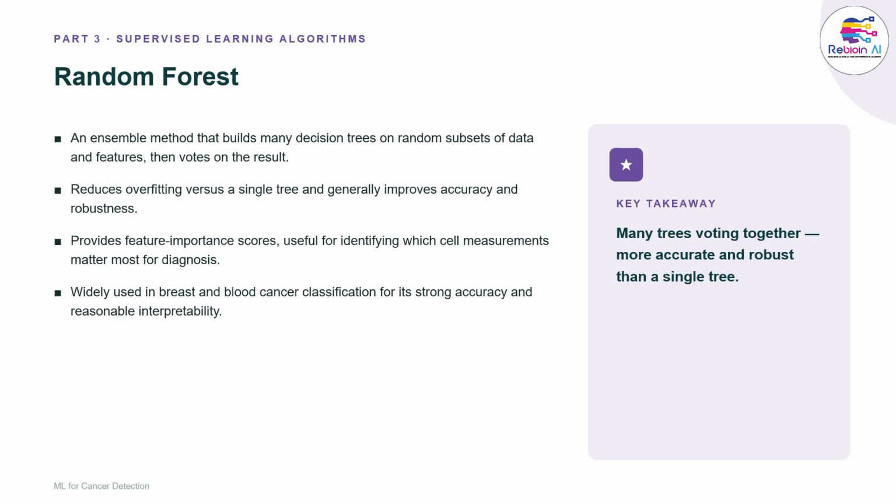As a bonus, it gives you feature importance scores for free, exactly what we used earlier for feature selection. This is one of the most widely used algorithms in cancer classification research because it balances high accuracy with reasonable interpretability.